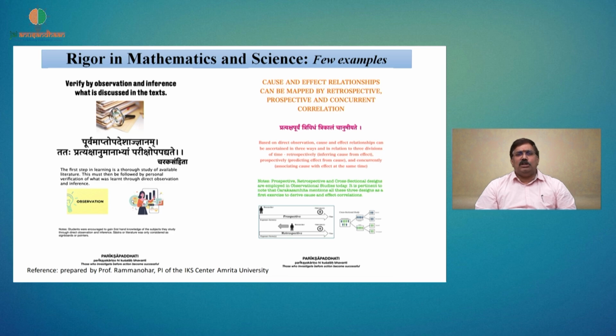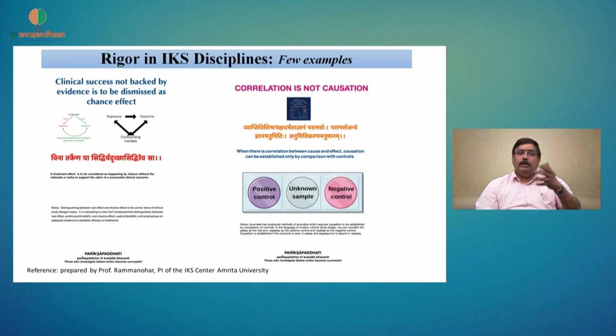And Charaka Samhita is a 2500-year-old text. It also talks about cause and effect relationships. Not just simple cause and effect relationships at one time, but it talks about retrospective, prospective and concurrent relationships. This is so scientific in its approach that Charaka Samhita says, clinical success not backed by evidence is to be dismissed as a chance effect.